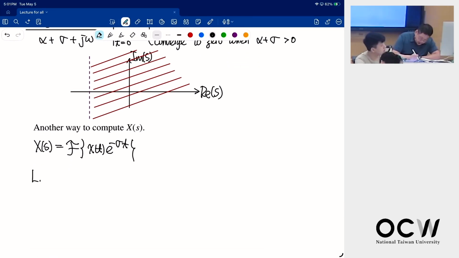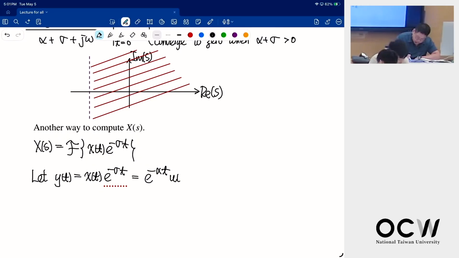So we can have the y, that is x times e to the minus sigma t. So x is e to the minus alpha t times u(t) times e to the minus sigma t. So there will be exponential to the power minus (alpha plus sigma) t.